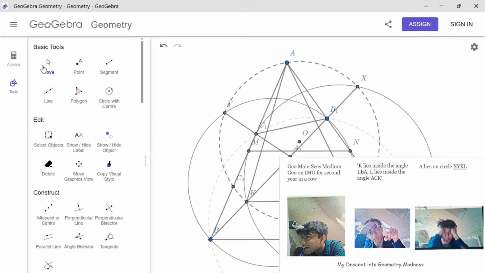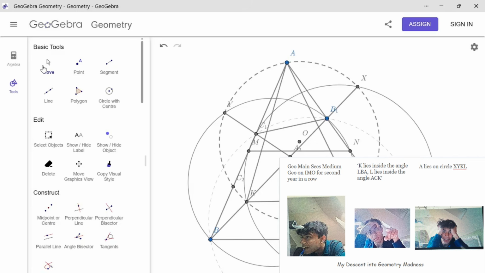So okay, we can get rid of B2. Wait, did we prove that C2 is the midpoint of BC1? I don't think so. Yeah, I don't think we did that. I think we reverse engineered it. Wait, so we had BC. Oh no, no, we didn't reverse engineer.